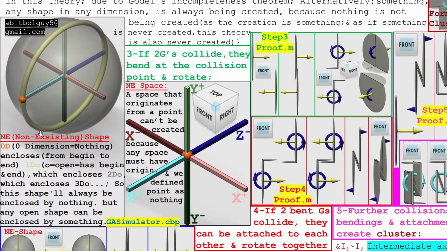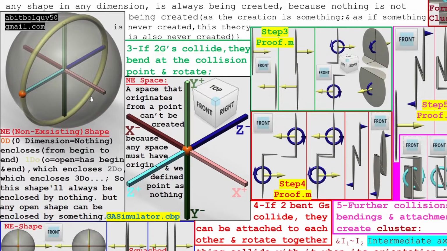For example, if we define nothing as a zero-dimensional point, then a shape in which a point encloses a line that encloses a sphere surface that encloses a spherical volume is a non-existing shape, because this shape will always be enclosed by nothing. And we can prove that any open shape can be enclosed by something. Similarly, a space that originates from a point can't be created, because we can prove that any space must have an origin. And we defined the point as nothing.